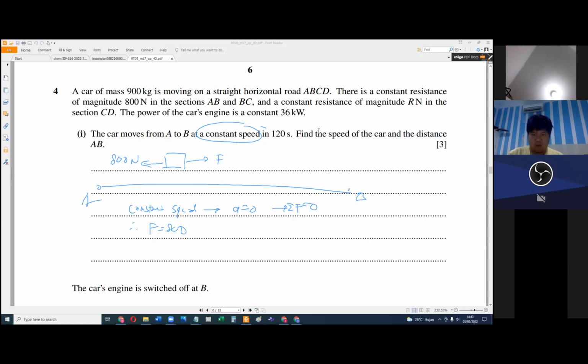Okay, up until this. Now, once we get the force, what is the speed? The power is force times velocity. Hence, velocity is power over force. 36,000 divided by 800. So that's going to be 45 meter per second.